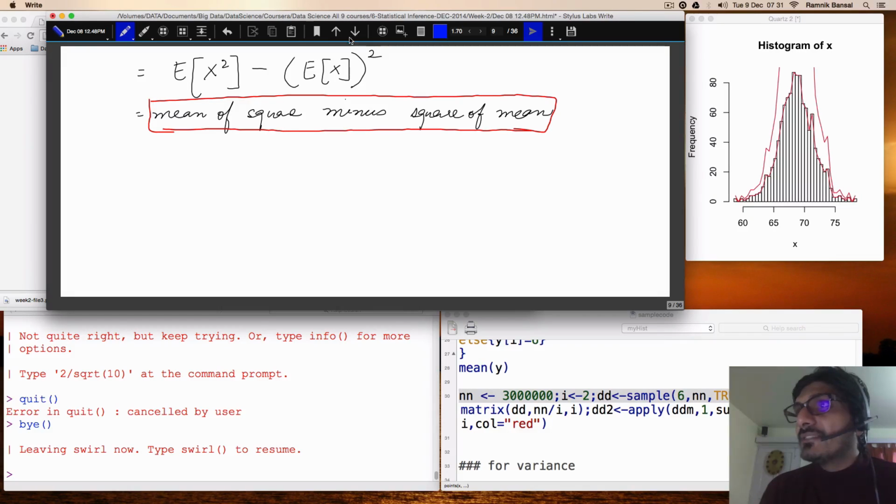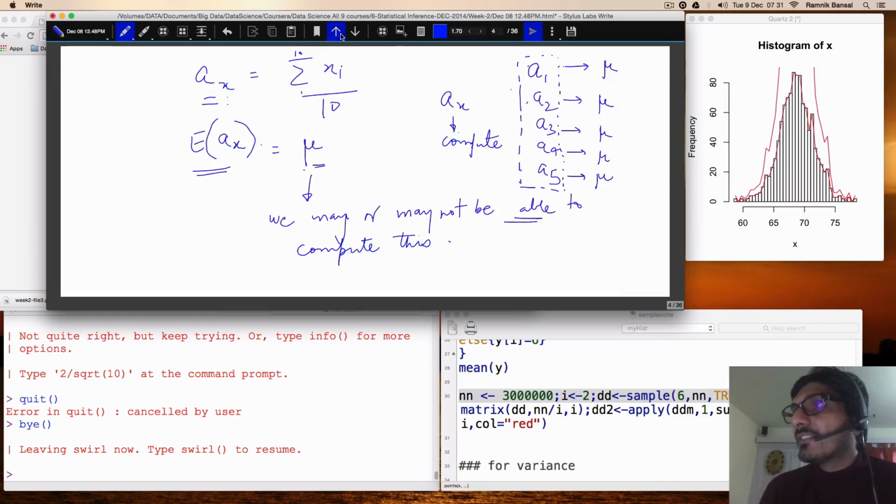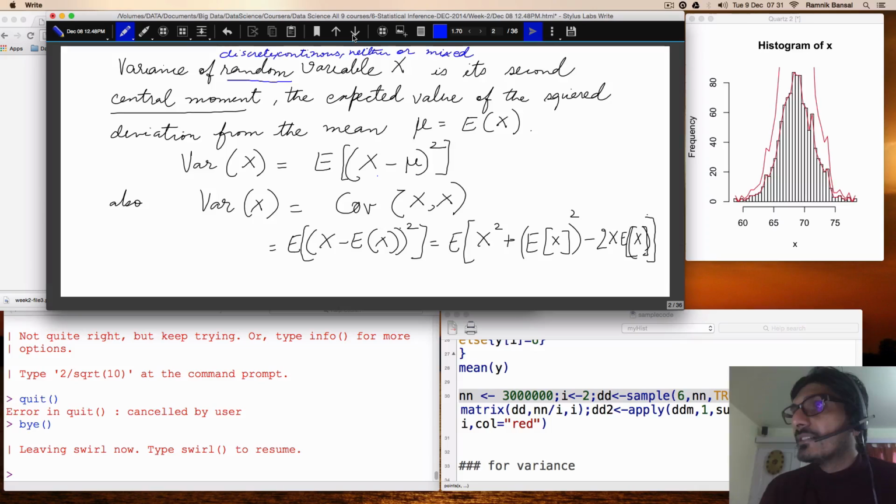So now basically what happens is, if I come back to my equation here, so this is what it is. If I expand it, it becomes expected value of x minus expected value of x the whole square. Then this thing I can write as x square plus expected value of x the whole square minus 2 into x into expected value of x, right? Now I'm using the linearity here.